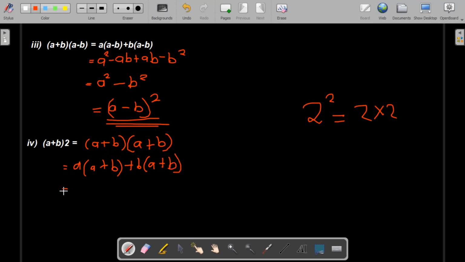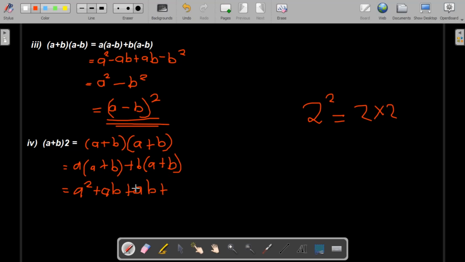From there we're going to start multiplying. A multiplied by a is a squared. A multiplied by b is plus ab, and then b multiplied by a is plus ab, and then b multiplied by b is plus b squared. Everywhere you have to take note that there are positives here.